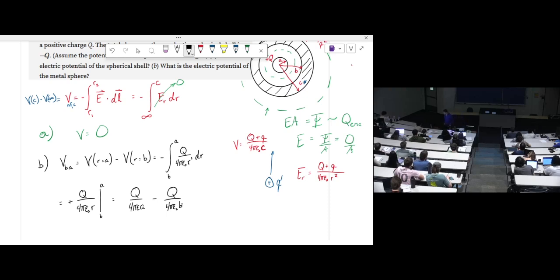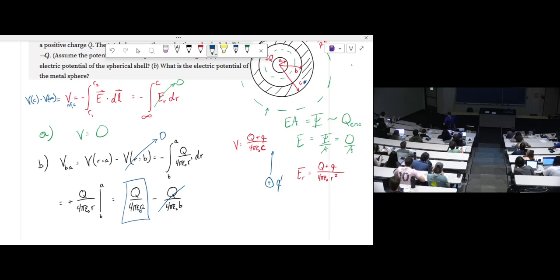Well, we have to consider here that the electric potential at B is going to be equal to this right here, which we said is 0. And so we end up having to drop this term right here. And our electric potential is just Q over 4 pi epsilon naught times A.